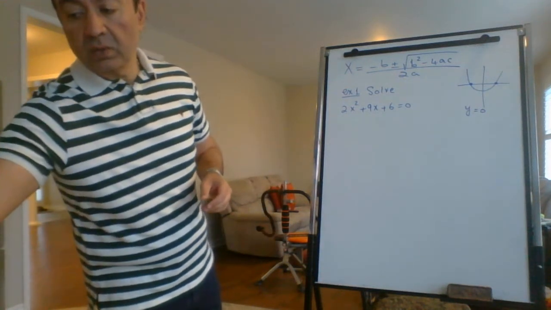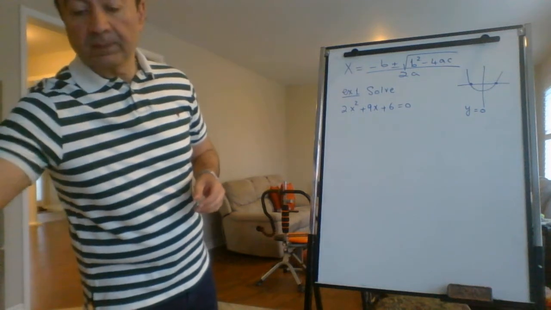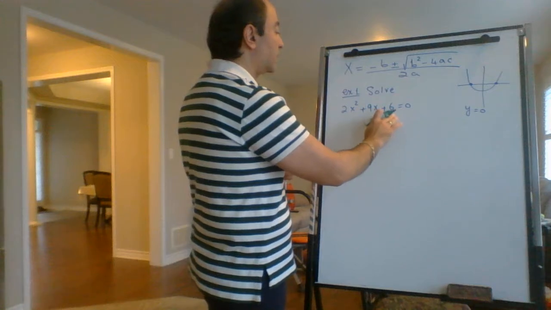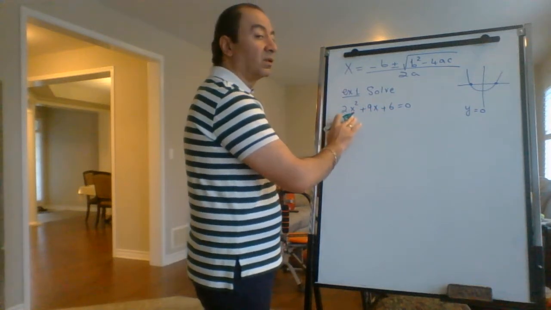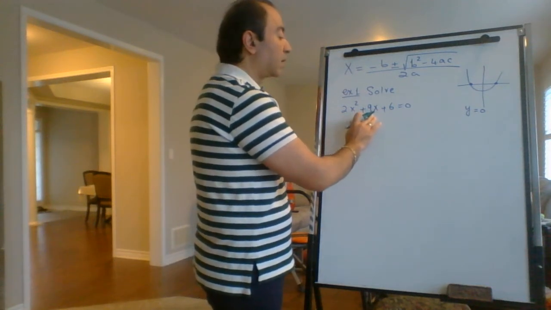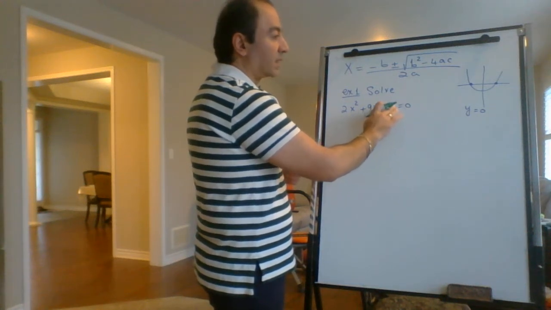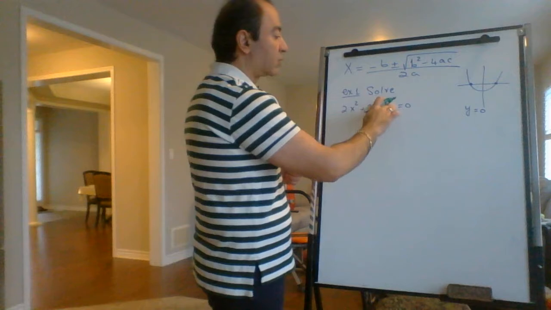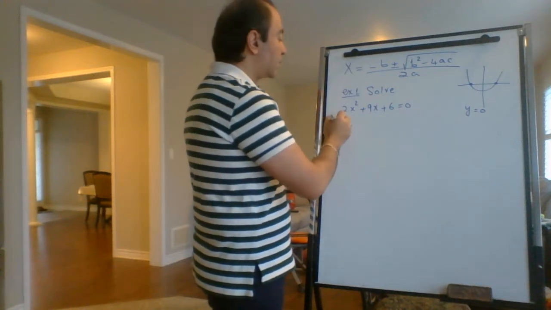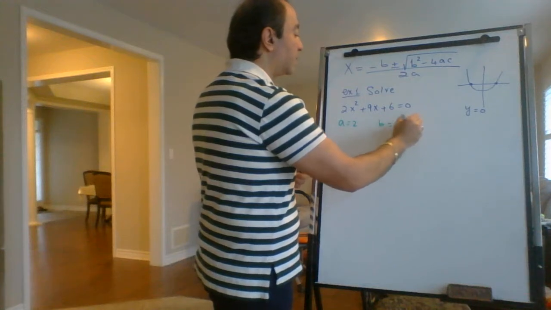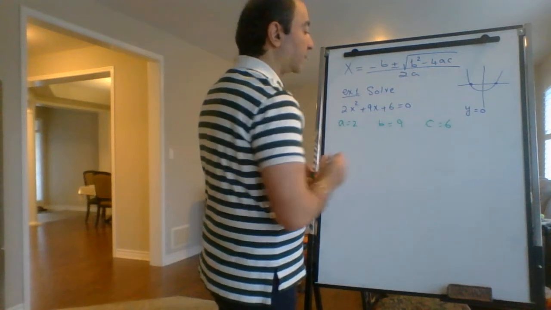We are going to solve using the quadratic formula. So I want to determine what is a, what is b, what is c. a is the number in front of the x squared, b is the number in front of x, c is the number by itself, the term that is not attached to x. So a equals 2, b equals 9, c equals 6.